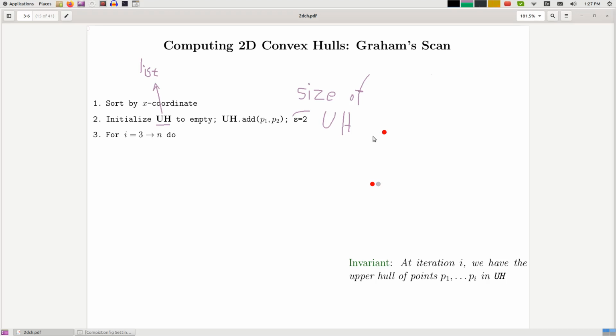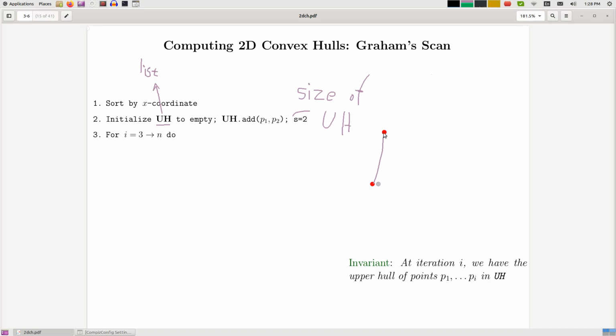When that point gets revealed, I can clearly see that this edge is the upper hull edge, and that point does not belong to the upper hull. Which means at the end of the iteration when i equals 3, the upper hull should only have 2 vertices, that vertex and that vertex.